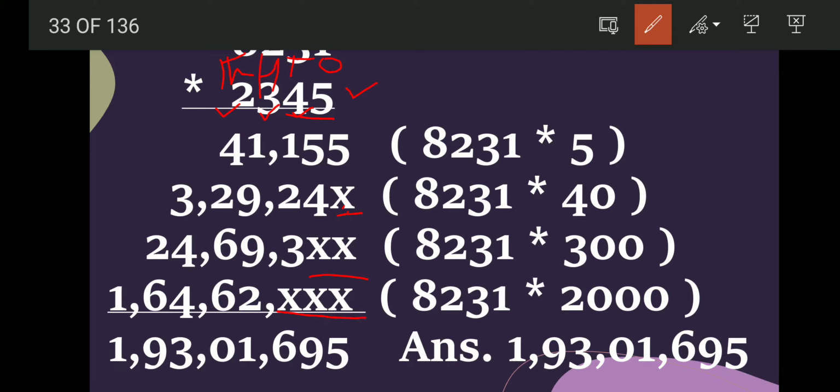So this is how we multiply and why we put these crosses. 1 cross means 10's position, 2 crosses means 100's position and 3 crosses means 1000's position. And then what do we do at the end? We add all the products and then we get the answer. So 1,93,01,695 is the product of the given number.